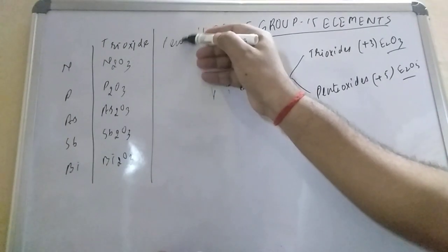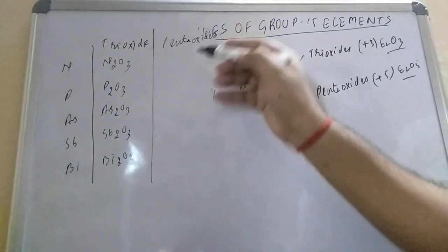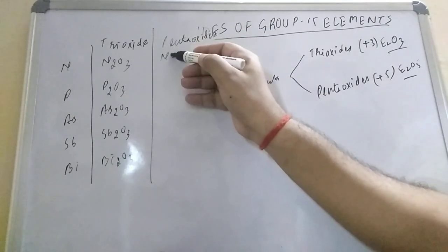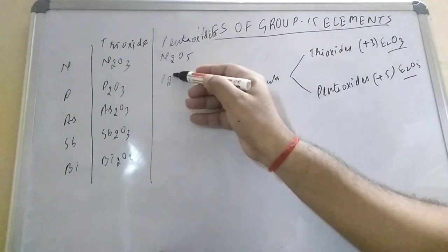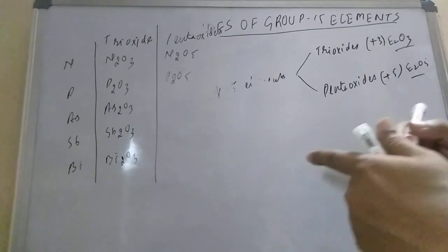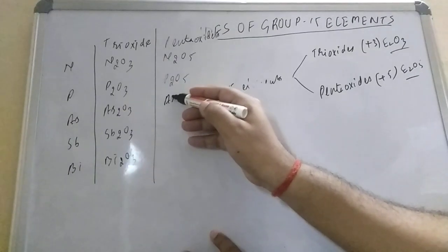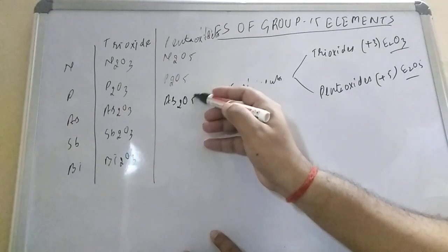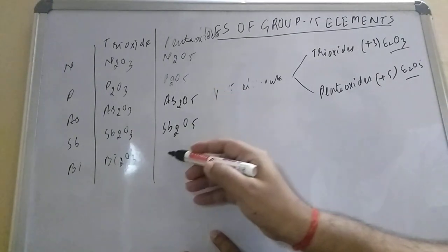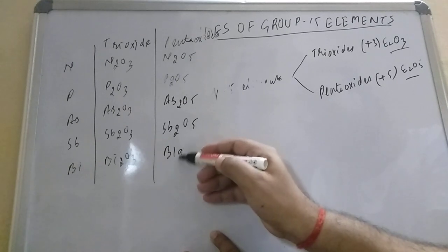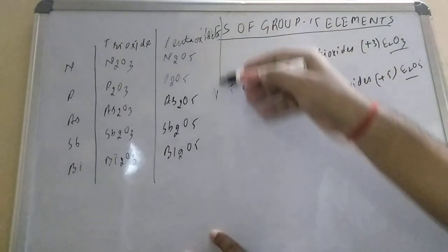For the pentoxide, here is N2O5, this is P2O5, As2O5, then Sb2O5, and Bi2O5. These are the pentoxides.